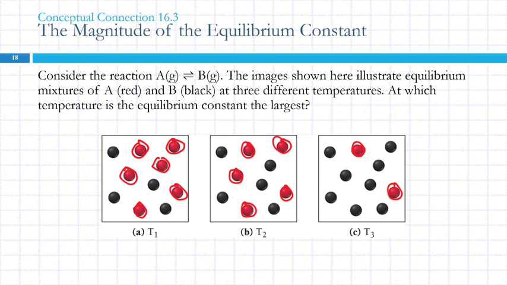So we're asked, at which temperature is the equilibrium constant the largest? So large equilibrium constant, does that mean more products or more reactants? More products. So we're looking for the one that has the most black ones, right? So that's going to be C. Okay?